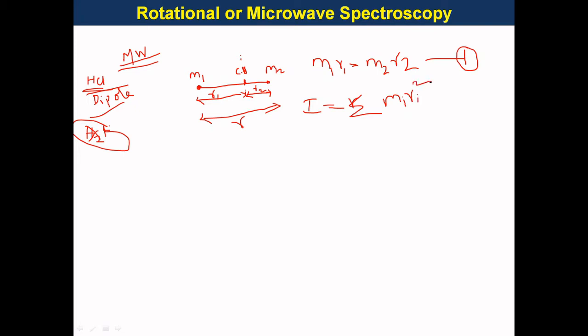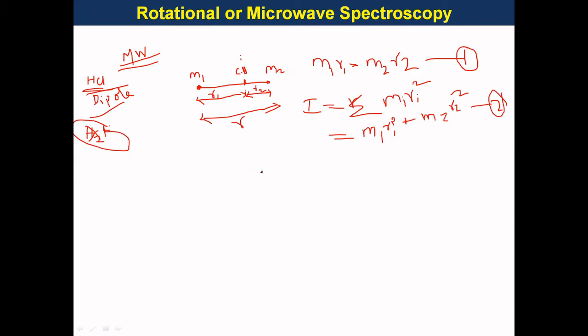For a diatomic molecule, I equals m1 r1 squared plus m2 r2 squared. Consider this as equation 2 and m1 r1 equals m2 r2 as equation 1.